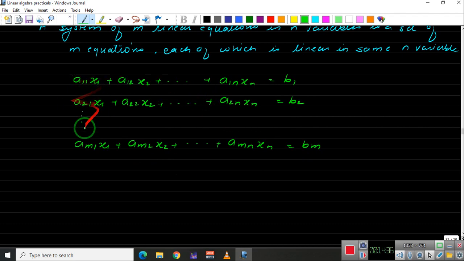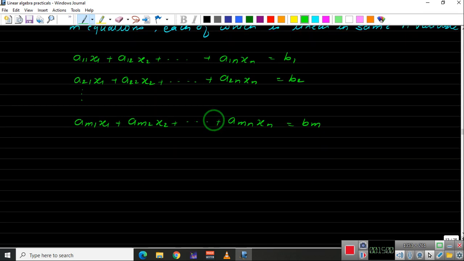So if you see 1, 2, 3 up to m, right? So we have m equations, and x1, x2 up to xn, we have n variables, and by the solution, we need to find the values of x1, x2 up to xn. When you substitute in this system, we'll get the b1 up to bm. It will satisfy this system.